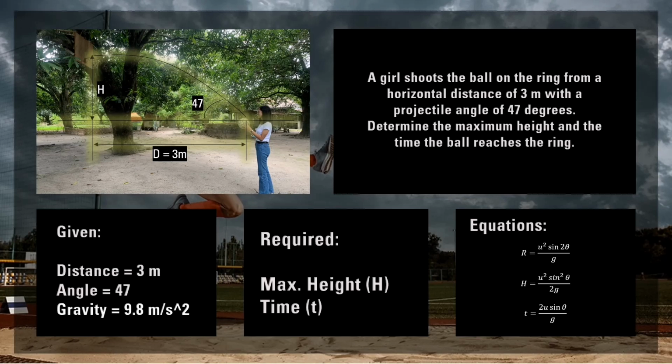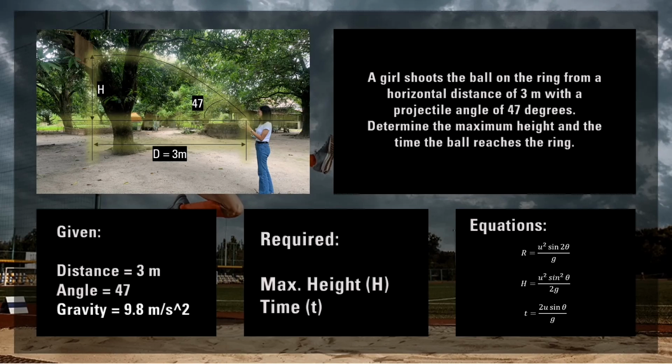Determine the height and the time the ball reaches the ring. Given that the distance is equal to 3 meters, the angle is 47 degrees, and gravity is 9.8 meters per second squared. The required are maximum height h and the time t.